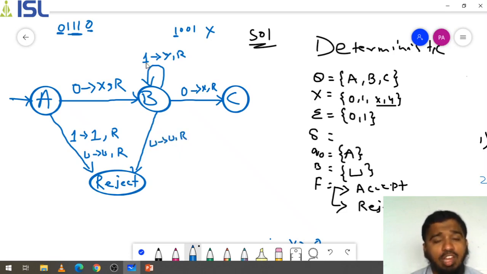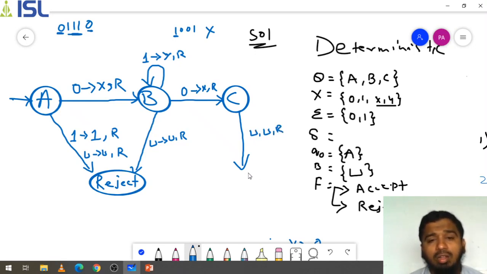That means if it is 1, it will perform this operation. If it does not get anything, then it will go to the blank state and it will go to the reject. And here also, if it is completed this 1, 2, 3, then it will go to blank comma blank comma r, that is accepted.